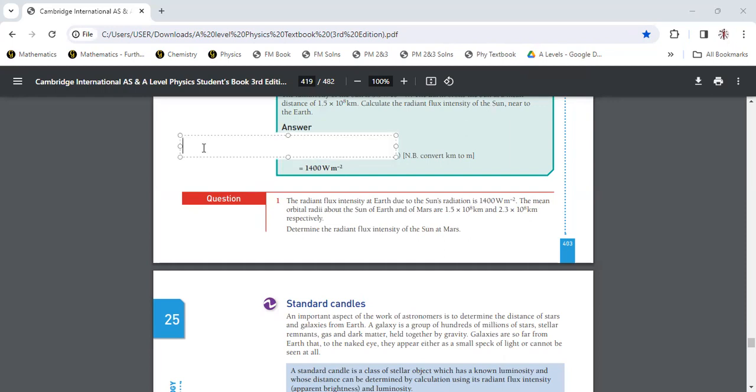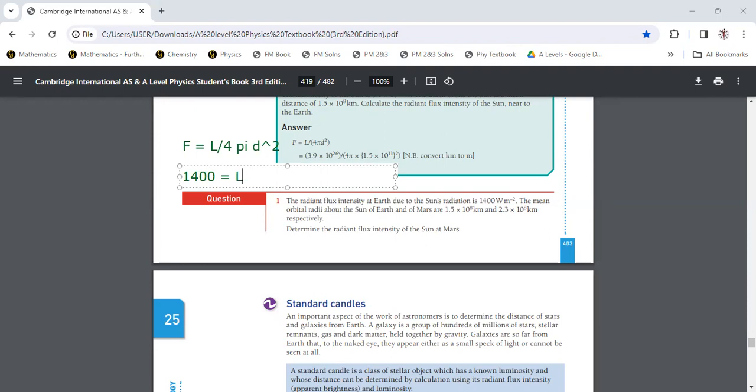First up, we'll set an equation, where pi would denote the symbol here, as I do not have access to the symbol for the moment. Let's substitute our first values in, where our luminosity is an unknown value.